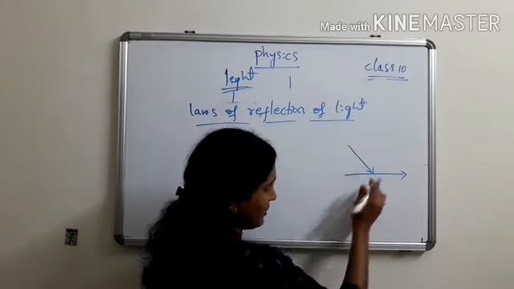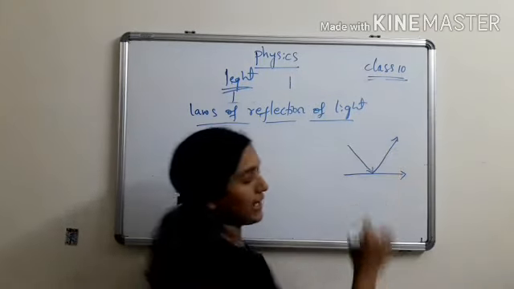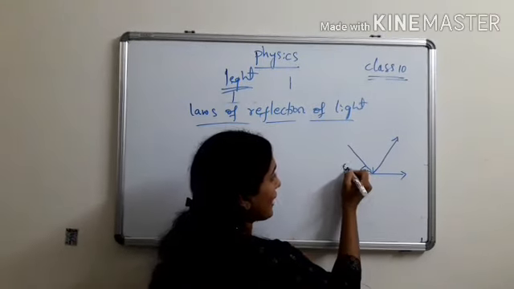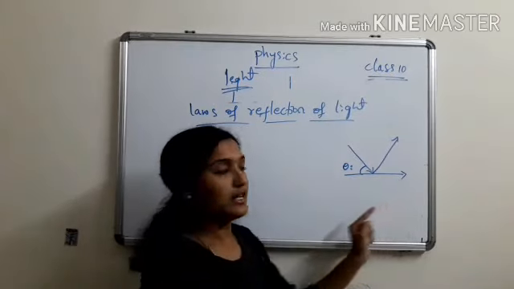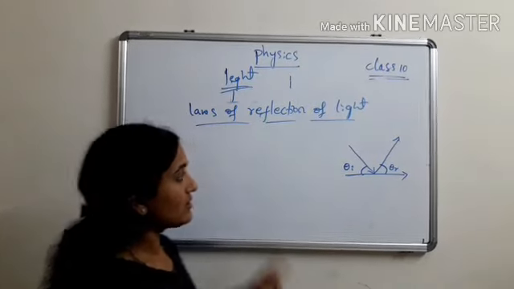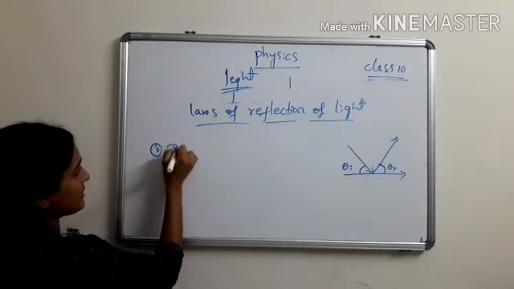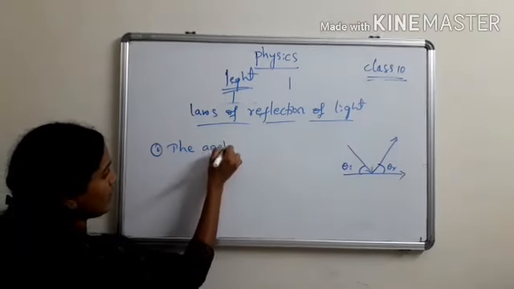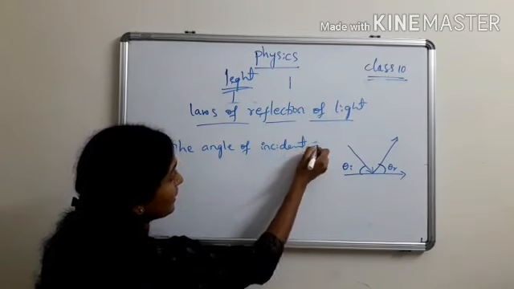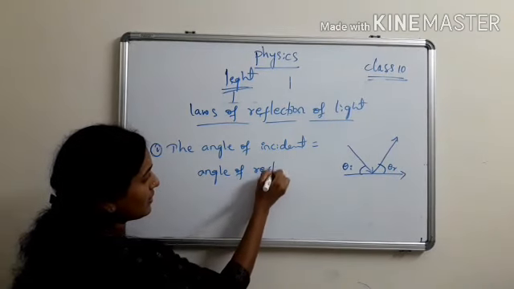When the light comes and strikes the surface of any object, it reflects back. So this angle of incidence will be equal to the angle of reflection. Clear? So the first law of reflection is that the angle of incidence is equal to the angle of reflection.